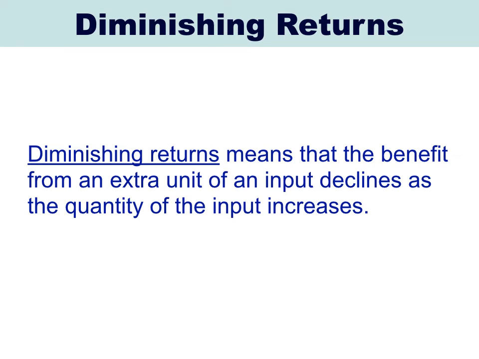We see that it is generally concave, and we have those diminishing marginal product. So diminishing returns is essentially the same thing. It means that every extra unit of input provides less additional resources than the previous.